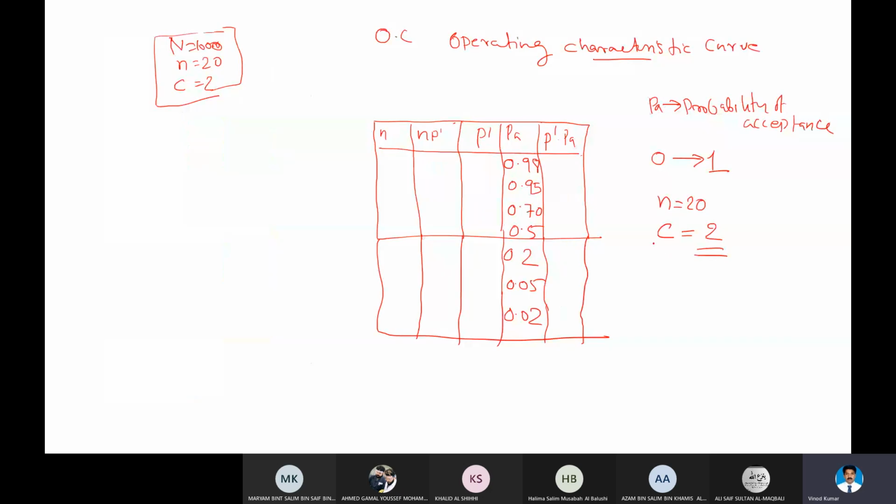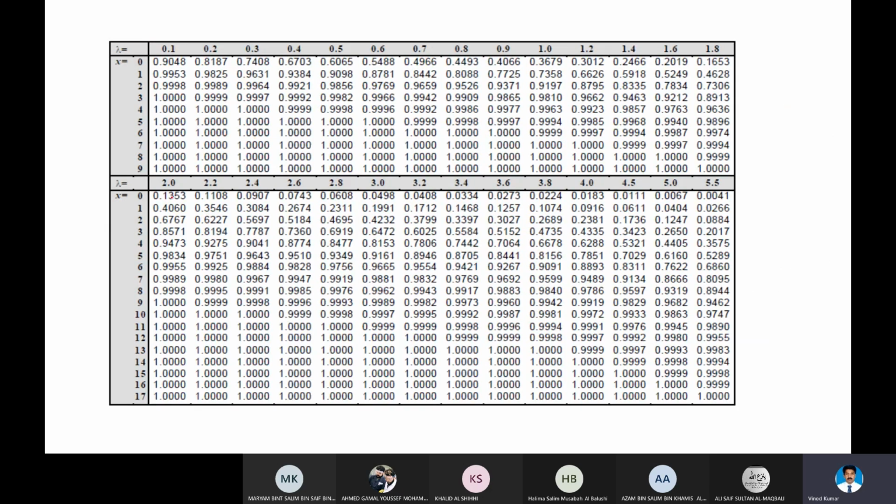So I go to the Poisson's binomial distribution. In this distribution, corresponding to the acceptance number 2, we have to take the values. See, this is 2. Look at that.